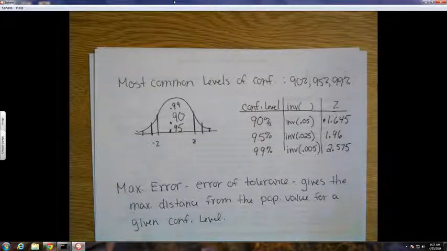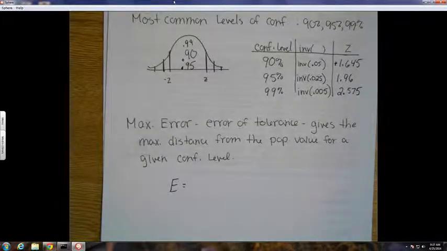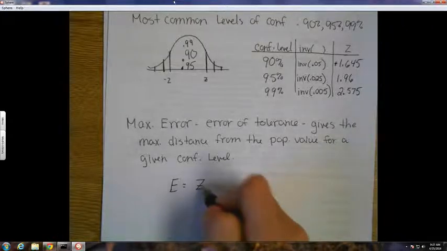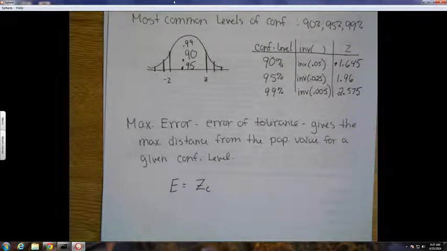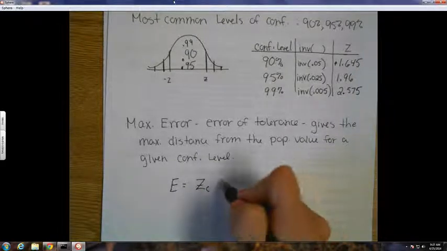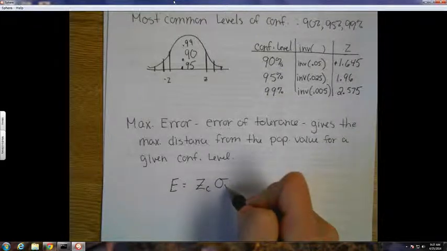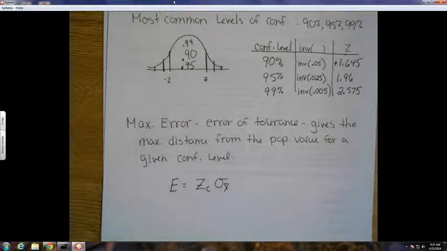And the max error formula is very easy. It is the z-score for your confidence level, which we just did in the table, multiplied by the standard error of the sampling distribution. How do we get the standard error of the sampling distribution?